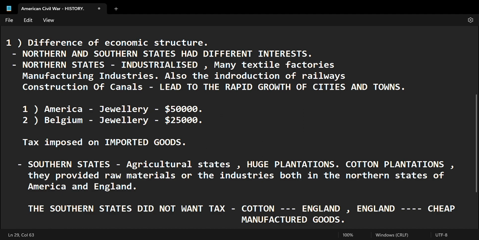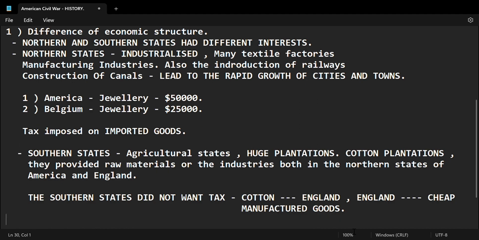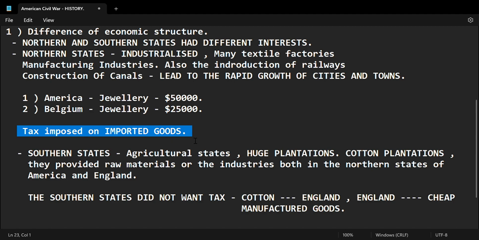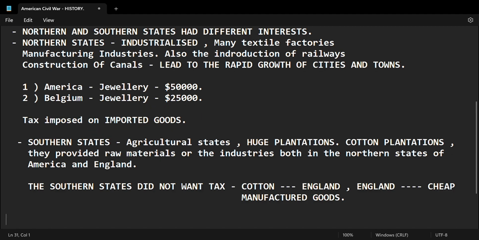So if England gives them some things from their country, there would be some tax imposed. That is why they did not want tax, so that they can get some cheap manufactured goods from England in exchange for raw cotton. So cotton they give to England, England gives them some cheap manufactured goods, but they are not cheap anymore because there was a tax imposed on imported goods.